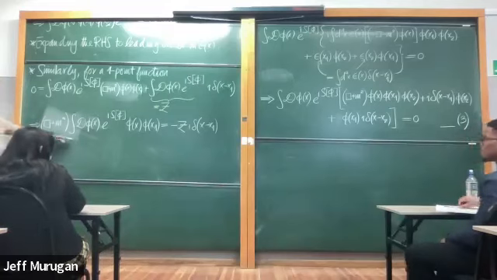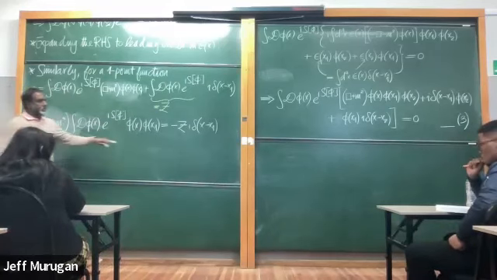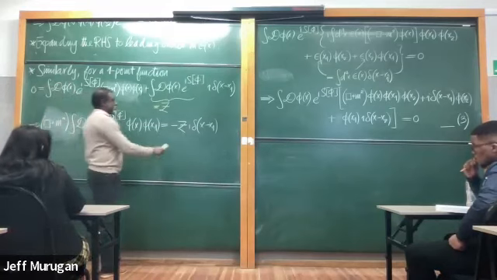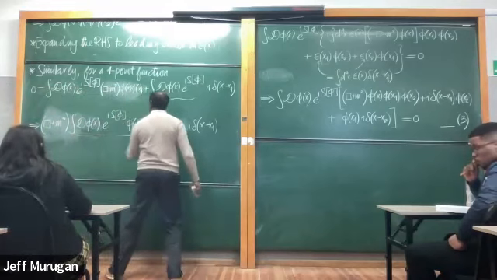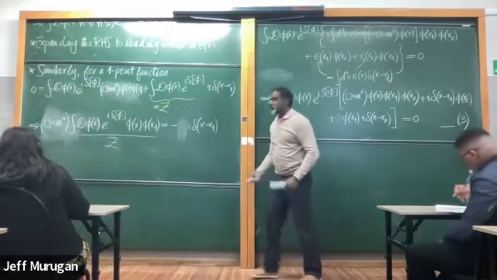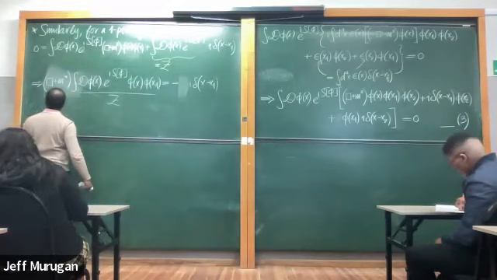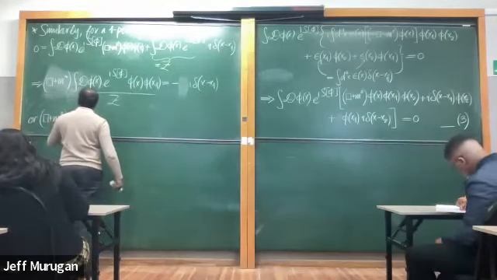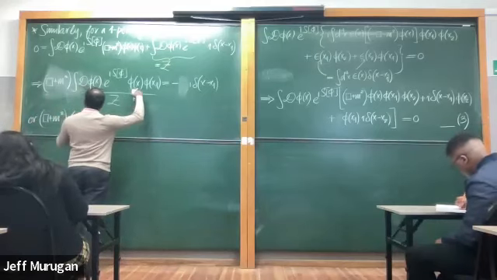Now if I define my quantum average normalized by Z, and I divide both sides by Z, then the thing on the left hand side is just the normalized 2-point function.